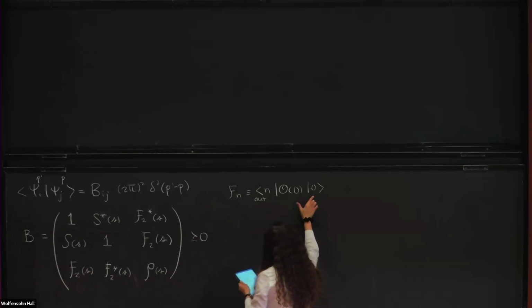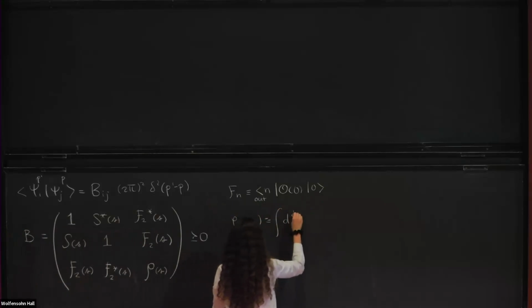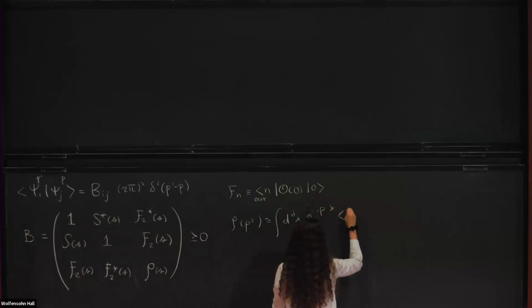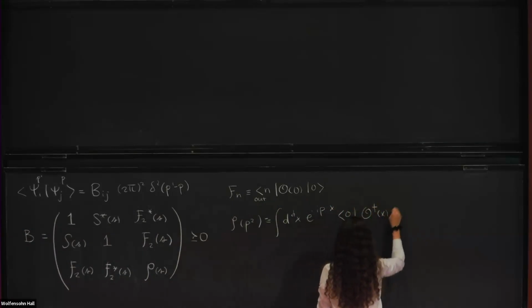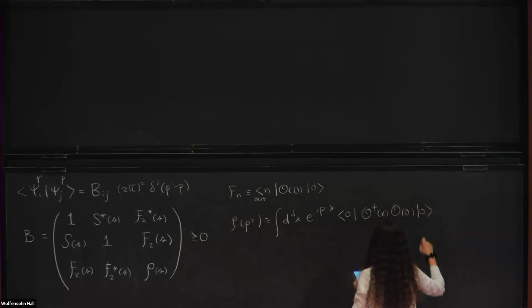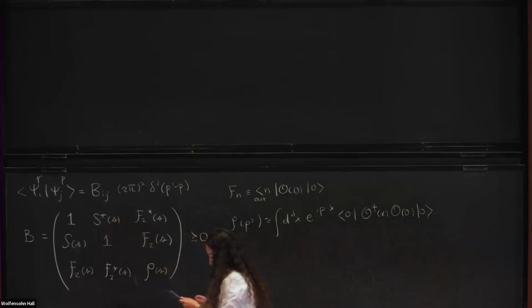So this is why you get the form factor. And the spectral density, let me call it rho of s here, will be the Fourier transform of the 2-point function of this operator. You can work out that indeed this is what you get when you do this inner product.